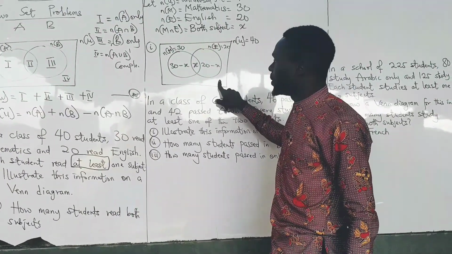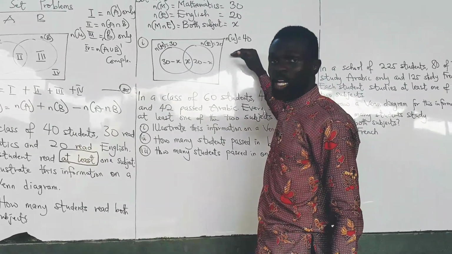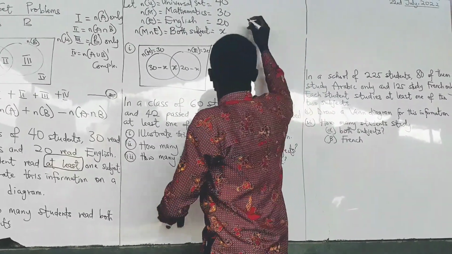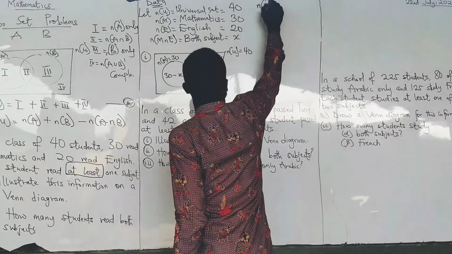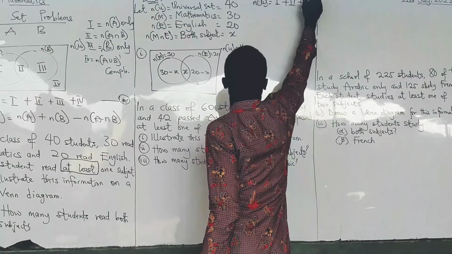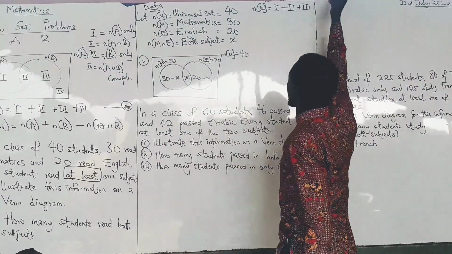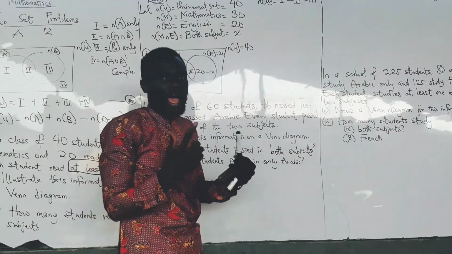Since there is no complement, this region plus this is equivalent to the universal set. So we are going to say the number u is equal to region I plus region II plus region III plus region IV. But region IV is 0, so there's no need for us to write region IV.